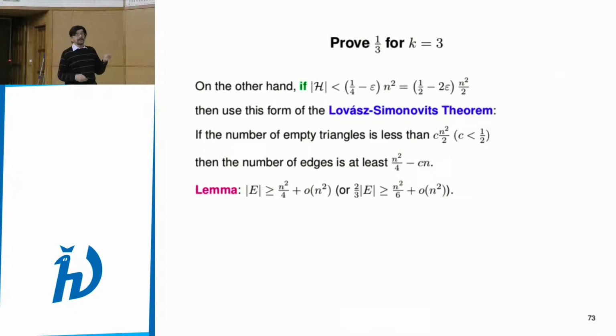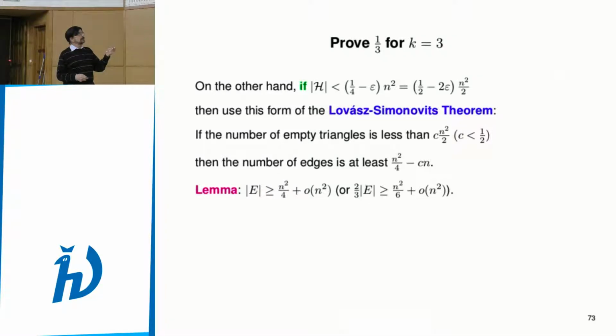So I told you, remember, that it was 1/6 without Lovász-Simonovits, and now we got 1/4, which is better. And in a moment, I will use this form of the lemma.